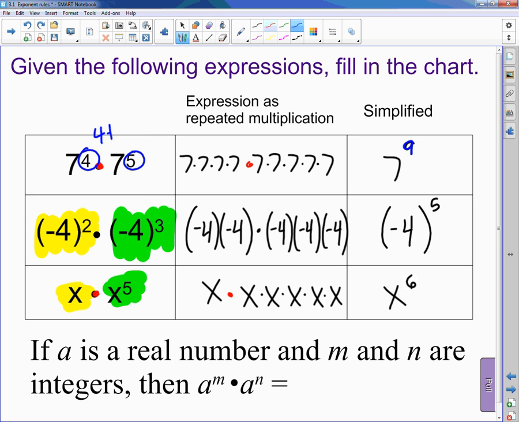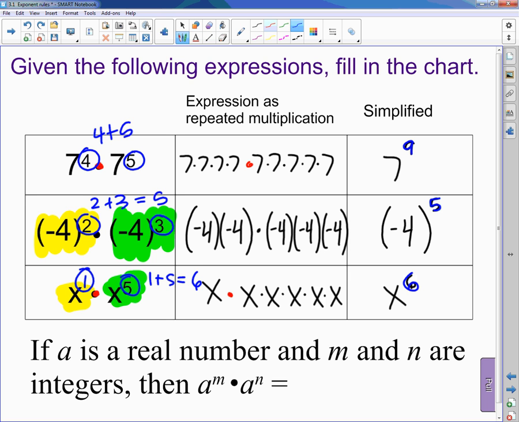Most of you are already saying, okay, it's 4 plus 5. So let's check and see if that works for the second one. Is 2 plus 3 going to equal what we have over here? And yes, it does. We get 5. The exponent there is 1, so 1 plus 5 gives us 6, which is the exponent we have here on the right when we write it as shorthand.